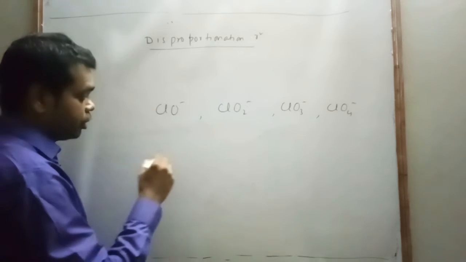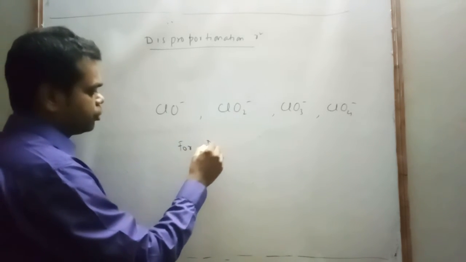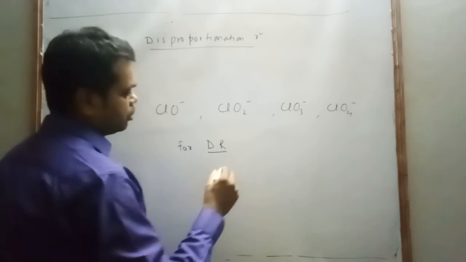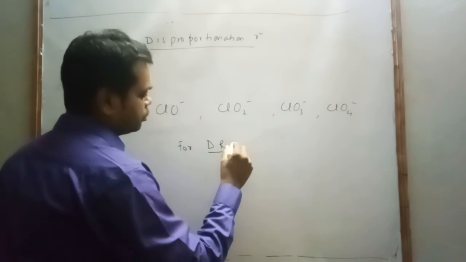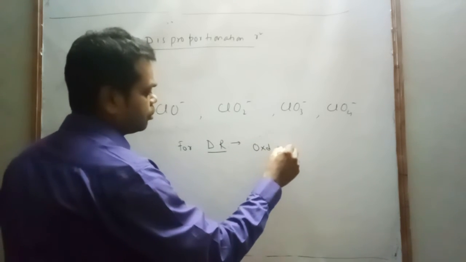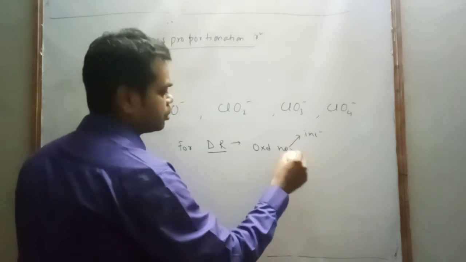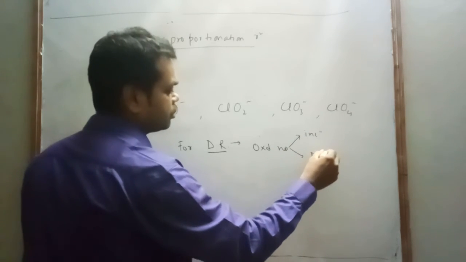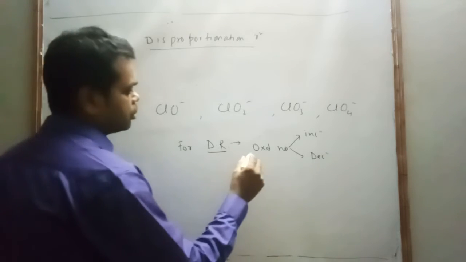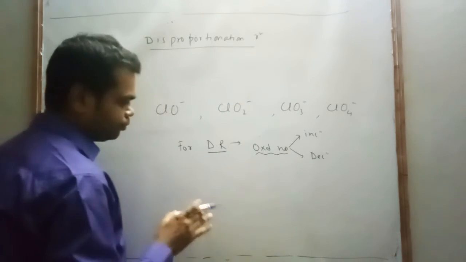Now student, one point to remember for a disproportionation reaction: the oxidation number is required to increase in one case, and in the other case on the product side it decreases. So the oxidation number should be such that it can be increased or decreased.